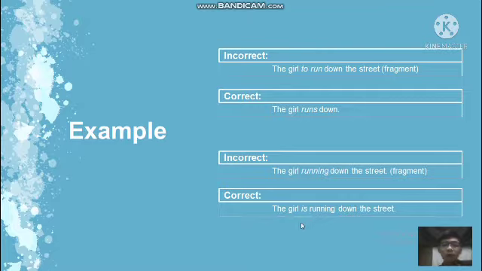State of being verbs do not express any specific activity or action, but instead describe being. Like in this example, is is a copular verb that describes the girl's being. The girl's condition is running. So we have the subject and we have the verb. Now let's proceed.